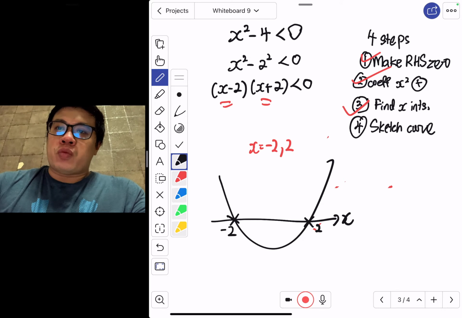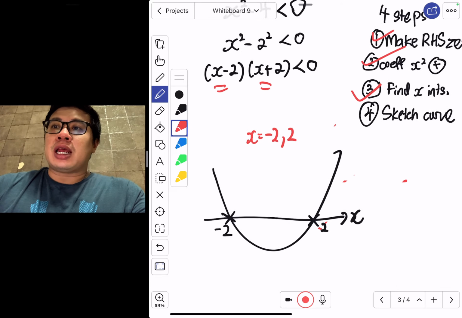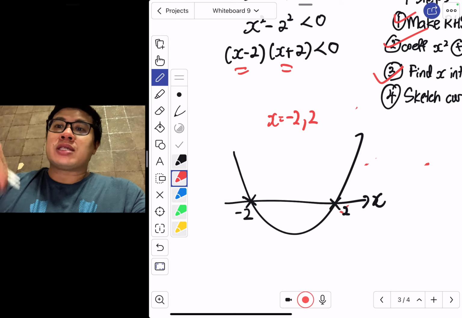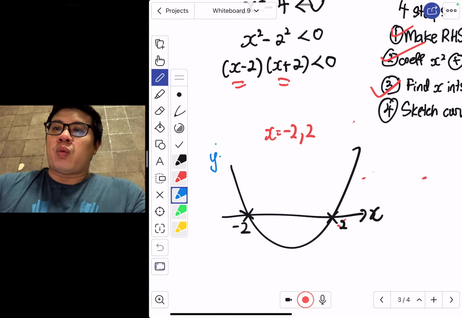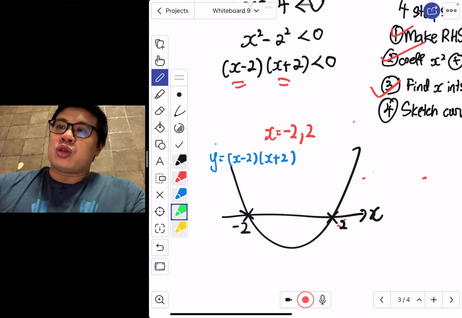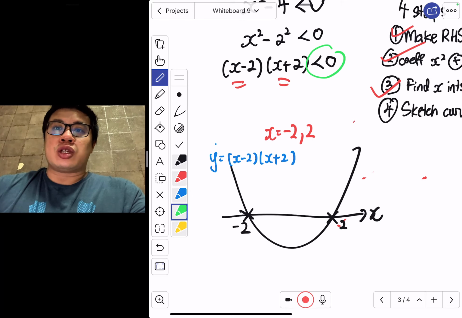Now, where's the portion where it's negative? Like what I said in my earlier videos, when you sketch this graph, y equals x minus 2, x plus 2, you are looking at the portion where it's less than 0.